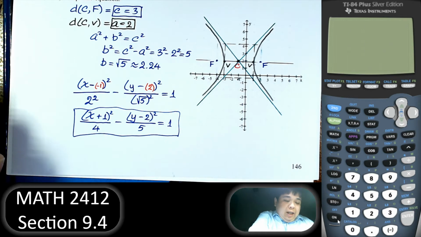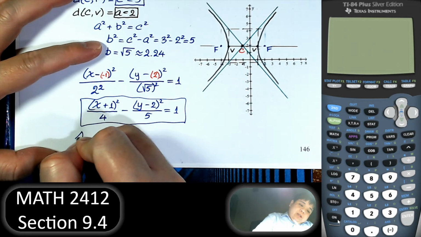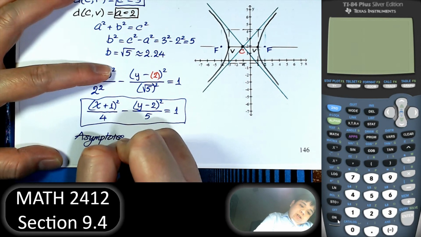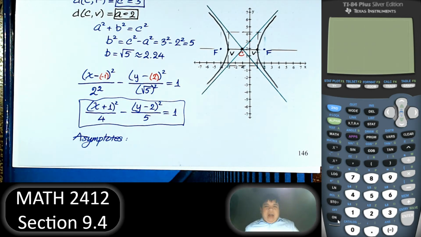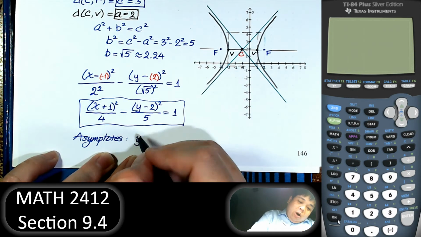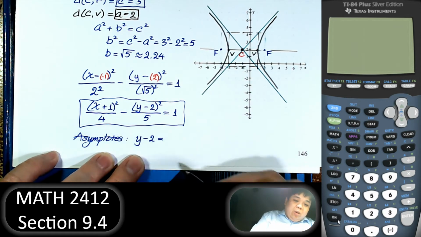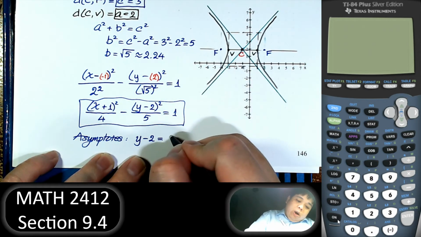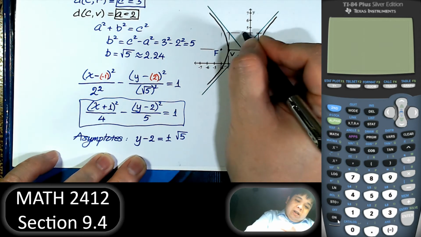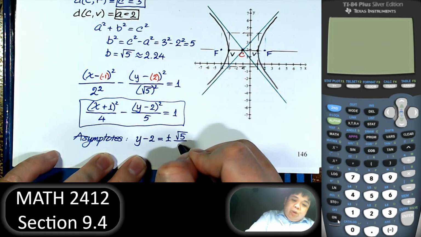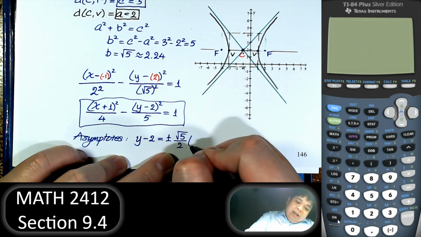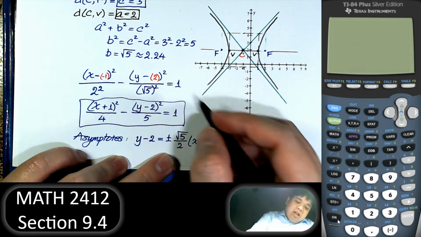Right. Now if we want the equation of the asymptotes, instead of y equal to mx, we do have a different center, so y minus 2 equal to the slope, go up square root of 5 and then go to the right 2 units, and then x minus -1.